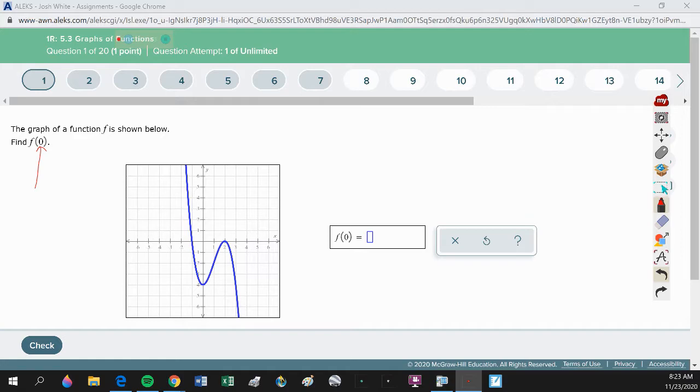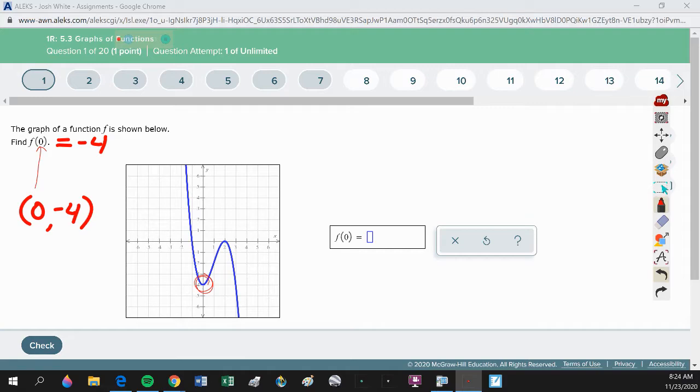So we go to the x-axis, and we find where on the graph does x equal 0. So the x is 0 and the y is -4, so the answer is -4.